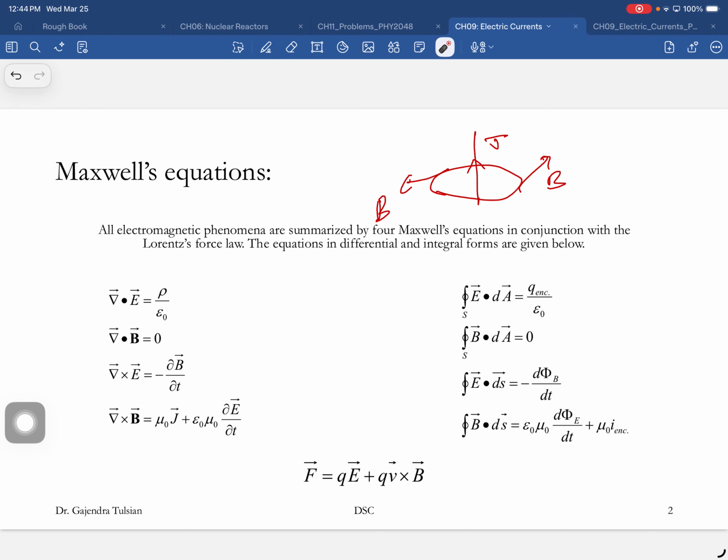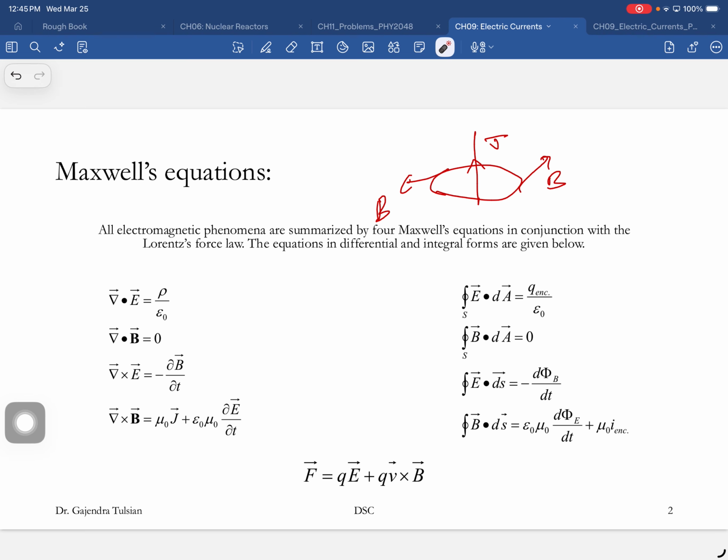This equation is also telling you that time-varying electric fields produce magnetic fields as well. That's an entirely separate chapter. The point I'm trying to make is that we are studying these four equations piecemeal, and each piece we're dedicating an entire chapter to.